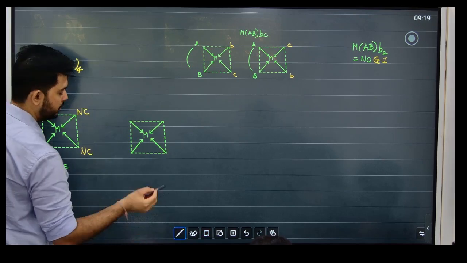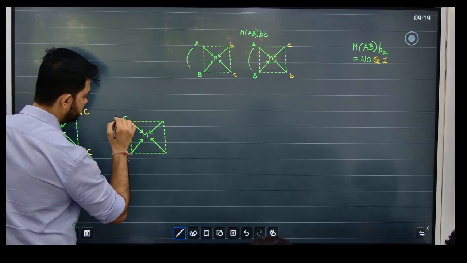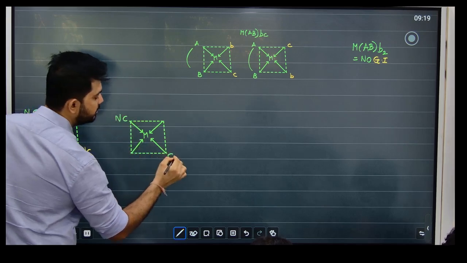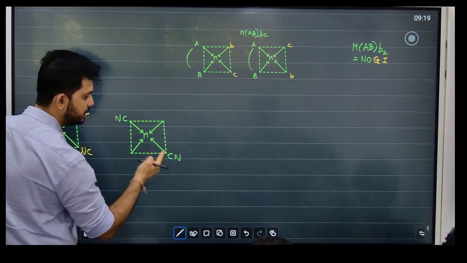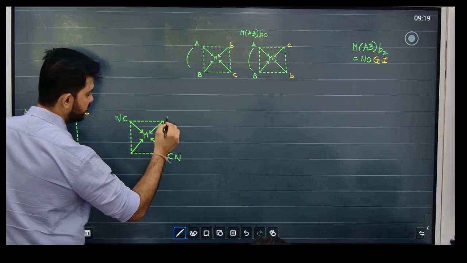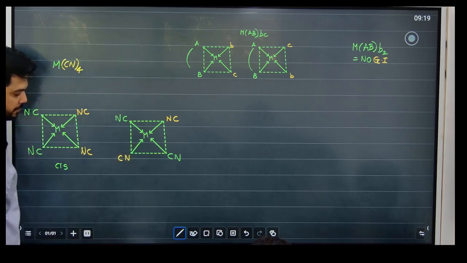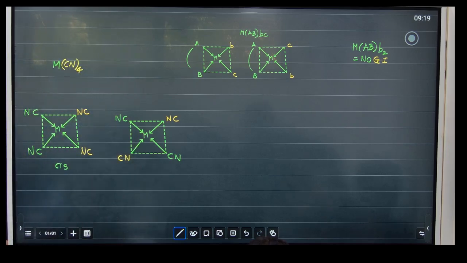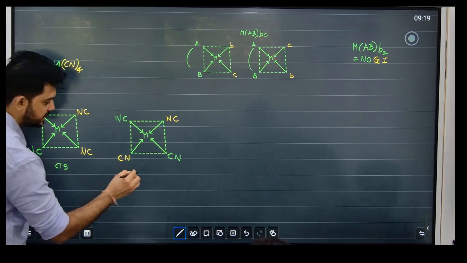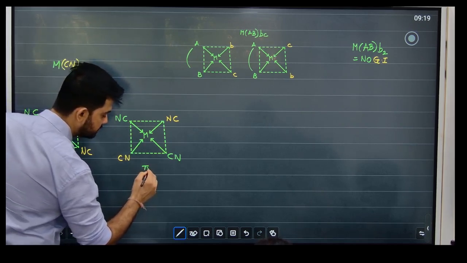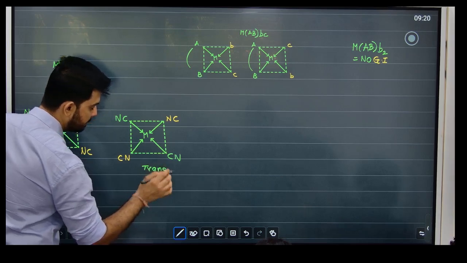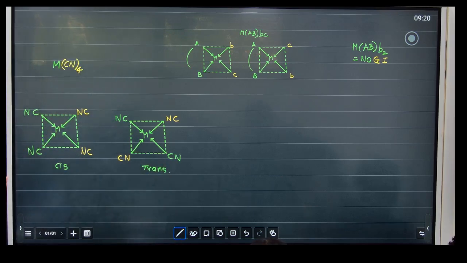What can I make over here, people? I can put a CN over here, and CN here. What's the angle between C and CN? 180, and then NC and NC. Did you get that? So this will be cis and this is trans. So even MA4 can show GI provided it is ambidentate.